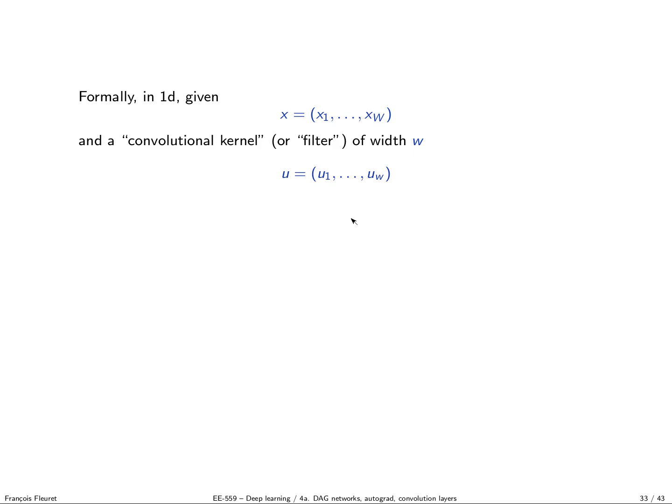More formally, in 1D, because this generalizes, say your input is a vector of dimension big W, x1 to xW, and the convolutional kernel or filter is of width small w, so u1 to uw.